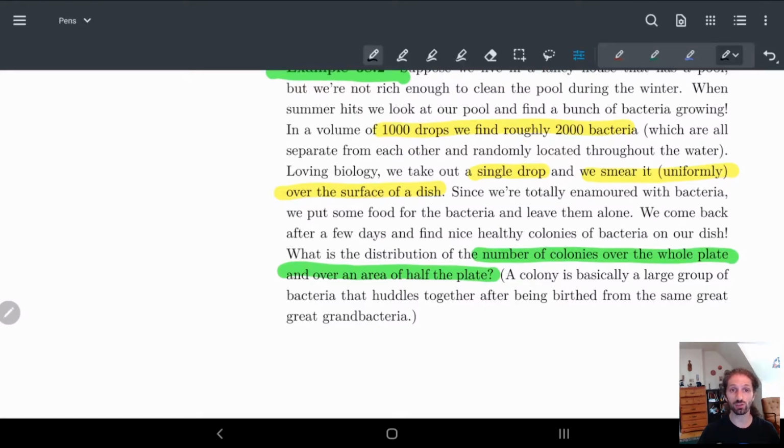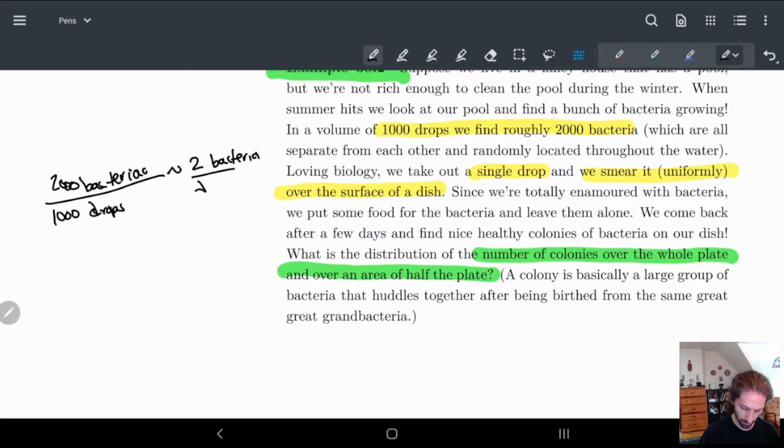First, I know there's 2,000 bacteria in 1,000 drops. So what this means is we expect roughly 2 bacteria per drop. So if we take 1 drop out, we expect about two bacteria in there.